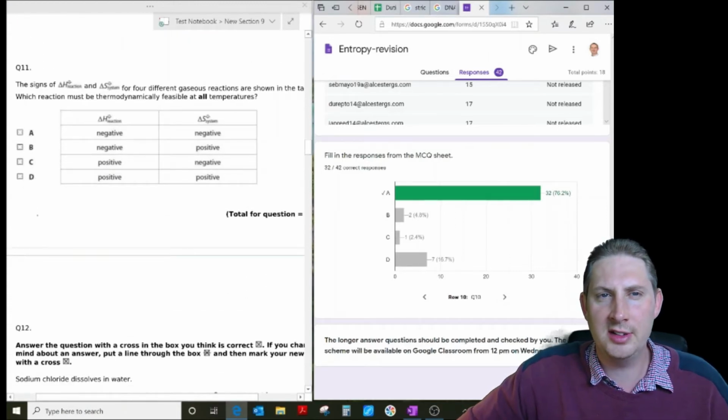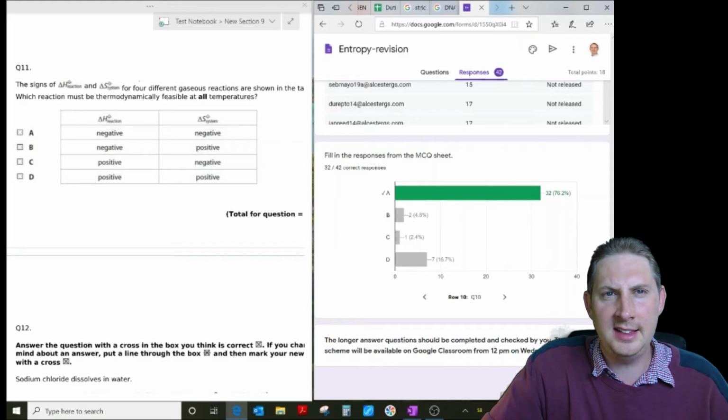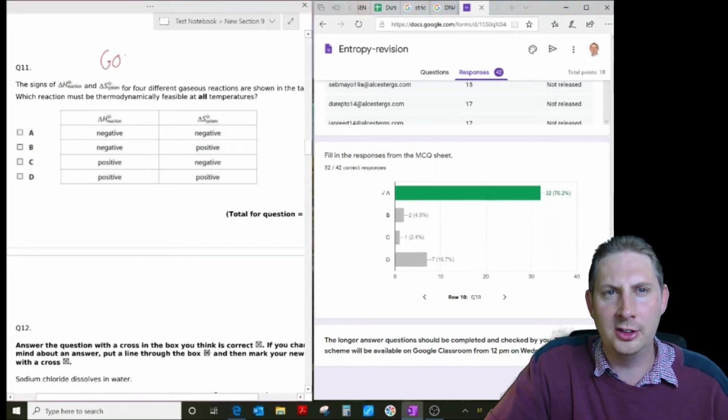The signs of delta H reaction and delta S system for 4 different gases are shown below. Which reaction must be thermodynamically feasible at all temperatures? This is a good question.